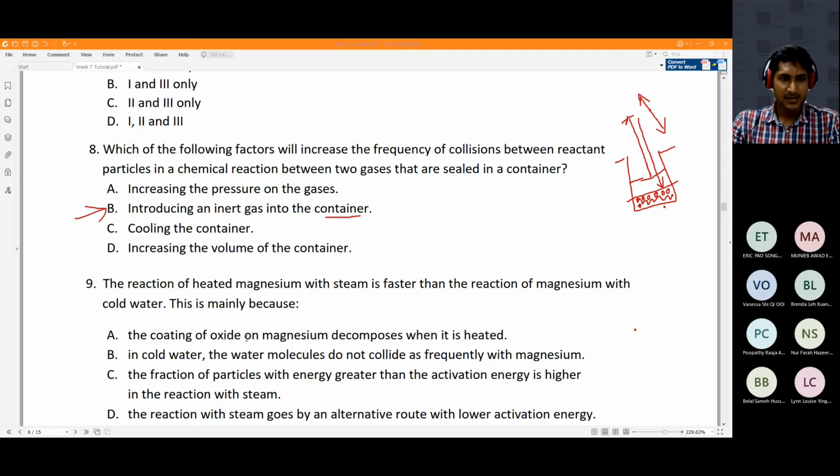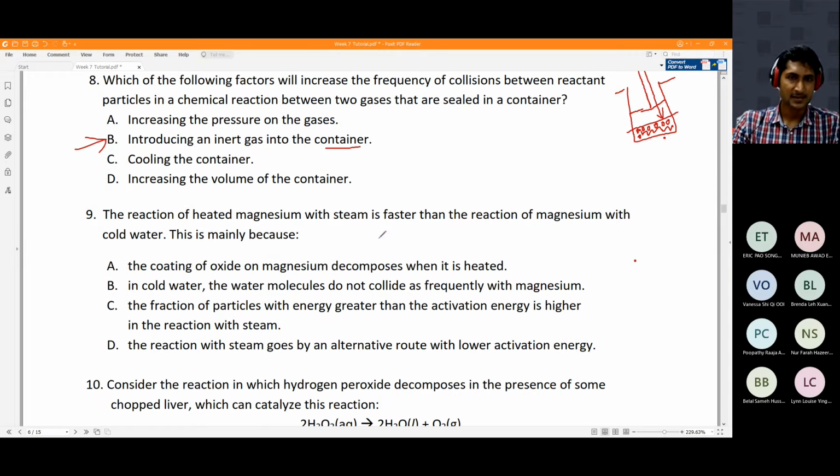Okay, so another thing is increase the volume of the container. If we increase the volume of the container, that means depressurize. So if we depressurize, it will have less collision between them.